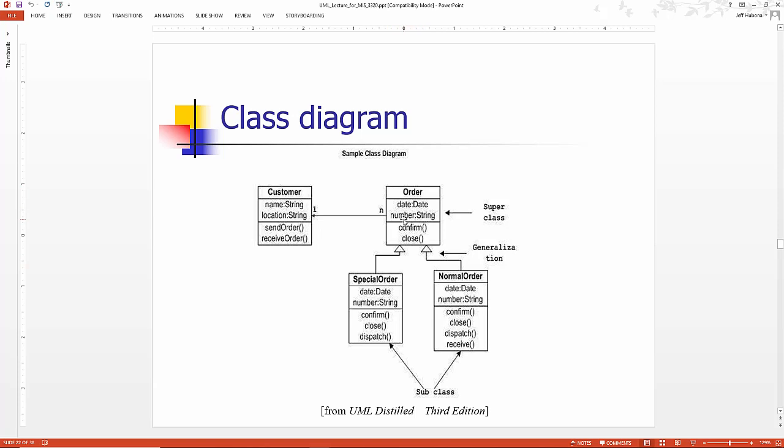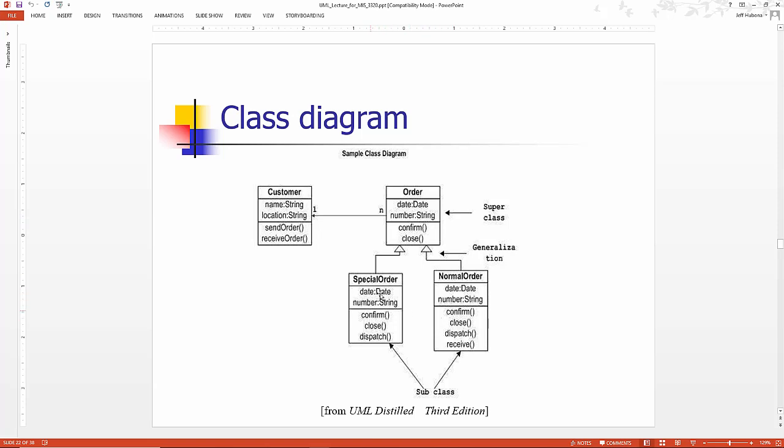Order is an abstract class over here and has two concrete classes in this inheritance relationship. A special order is a type of order, a specialized type of order, and a normal order is also a child to the parent order class. This is abstract, meaning it has no instances or objects because it's at the top of the hierarchy. These are concrete because they are leaves in the hierarchy.